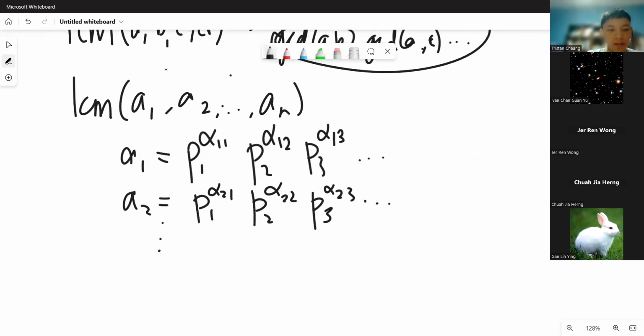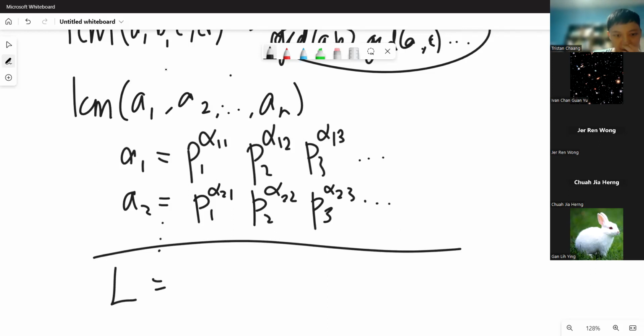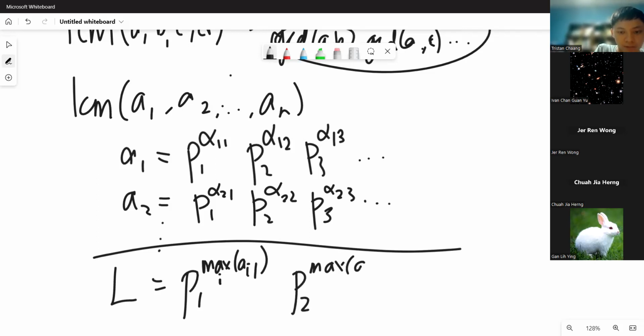And so on. So the LCM, L, is just P1 to the maximum of AI1. I don't really know a nice way of writing this. And then P2 to the maximum of AI2.